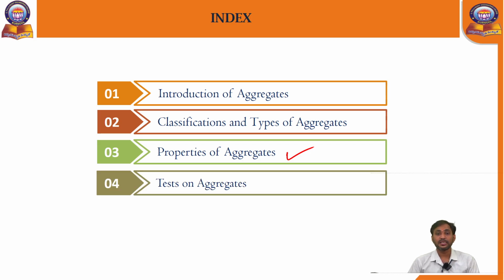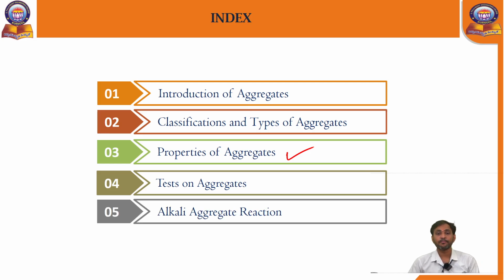The fourth one is the tests conducted on aggregates. Why do we have to conduct them? To determine what properties the aggregates have. So we have to conduct the tests. And the last one is alkali aggregate reaction.